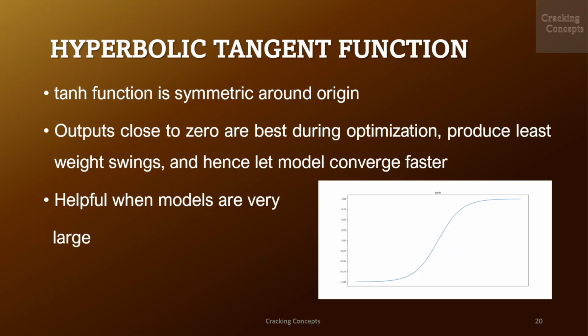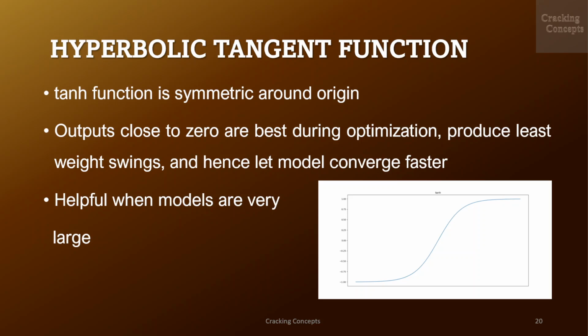Now we'll see the differences between sigmoid and hyperbolic tangent function. Obviously, the range of the activation function, as we already saw, is (0, 1) without including 0 and 1 for sigmoid versus (-1, 1) without including -1 and 1 for hyperbolic tangent function. Although this difference seems to be very small, it might have a large effect on model performance, specifically how fast the model converges towards the most optimal solution.